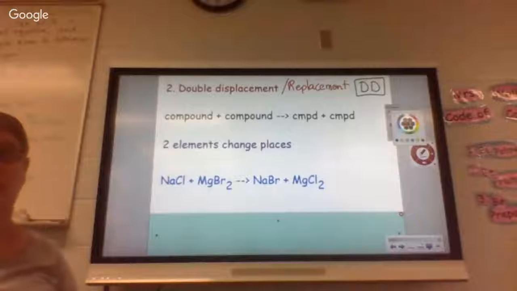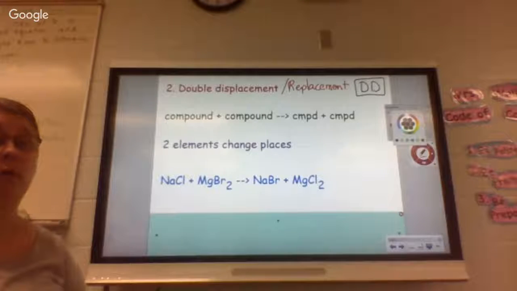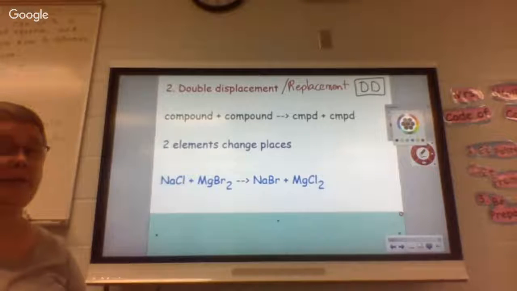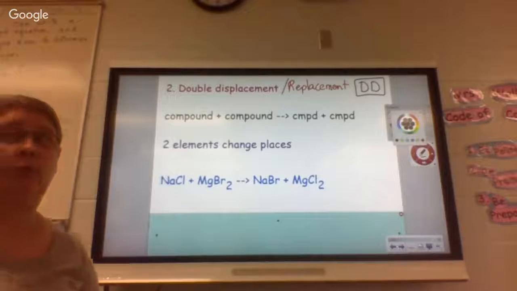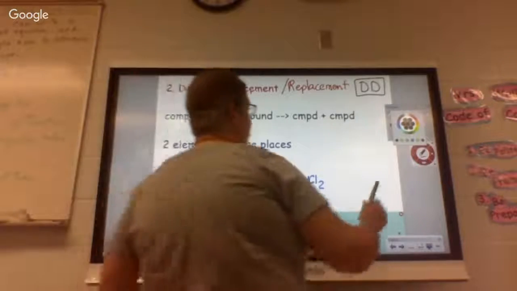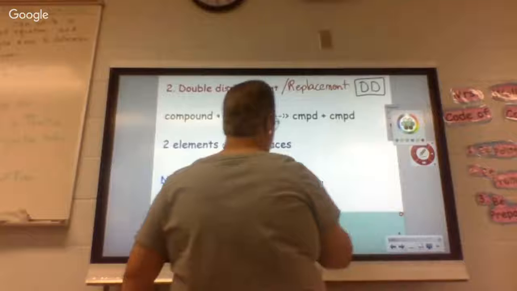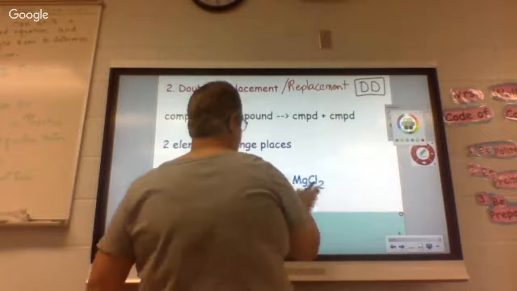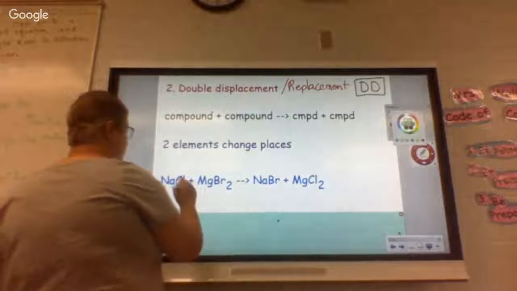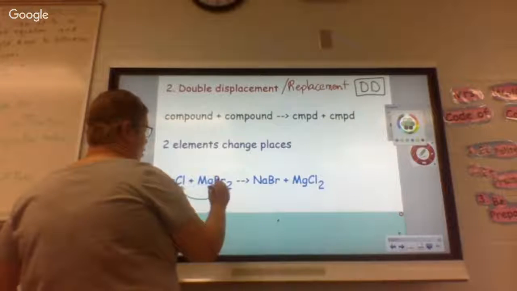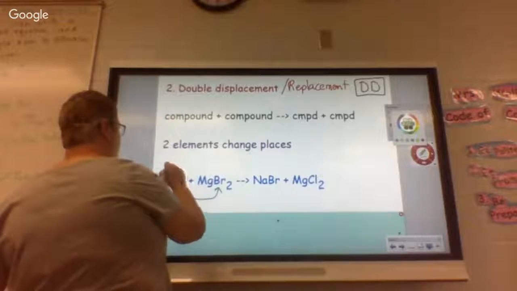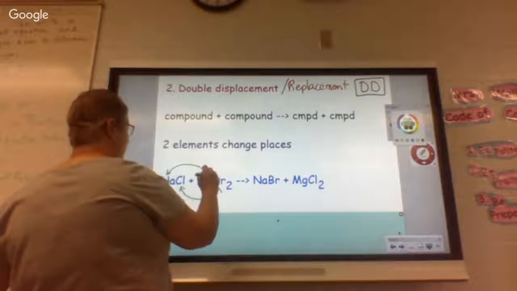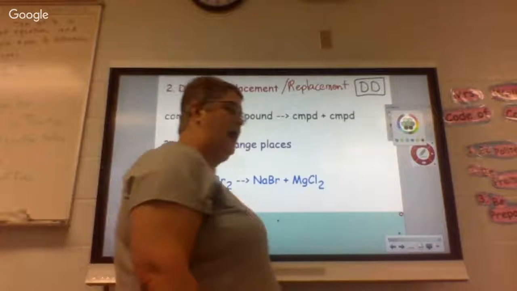Chlorine and bromine switched, or magnesium switched with sodium. You can look at it either way. You can say that Na switched, whoops, other side. Chlorine switched with Br, or you can say Na switched with Mg. And you can look at it either way.